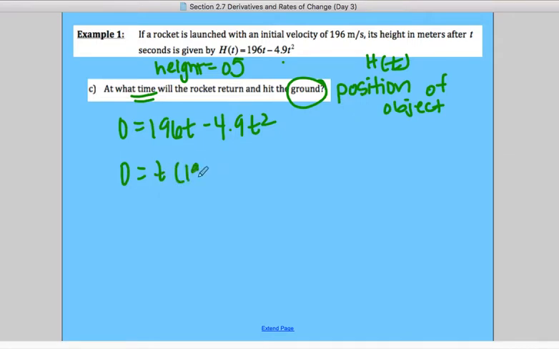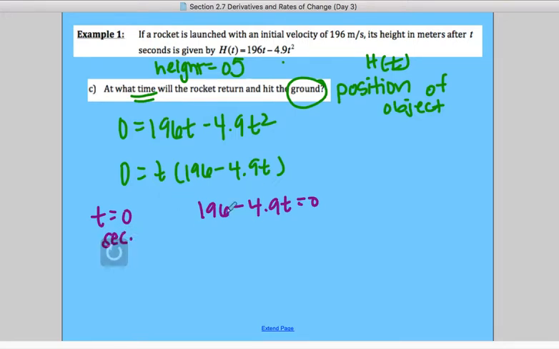So I'd have t times 196 minus 4.9t. Then I would go ahead and set each part equal to 0. This one's already solved, so at 0 seconds I'm on the ground, which makes sense because I probably haven't left yet. And then if I solve this one, I would add 4.9t to the other side, and then if I divide, I should get t is equal to 40 seconds.